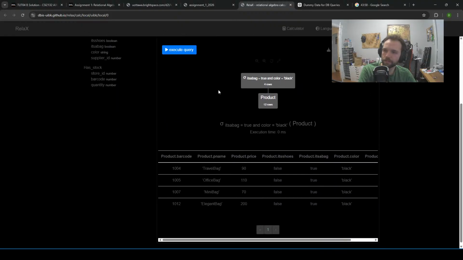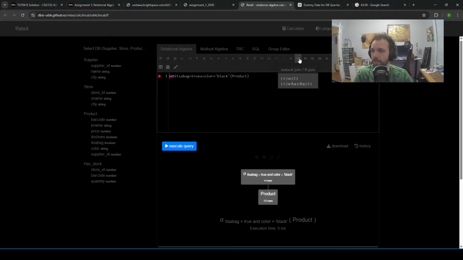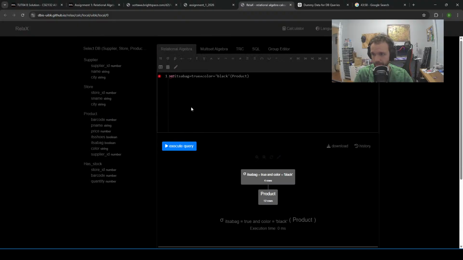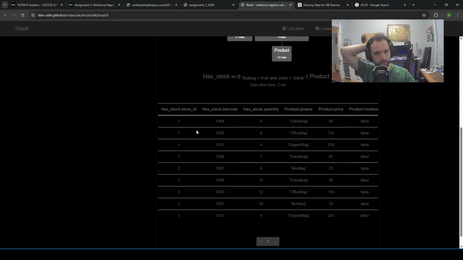So now that I've got all this, I do a relation with store, and it should line up. Or has stock. That's what I need to do. Has stock. So now when we execute the query, you take a look at all the store ID names that have black bags.